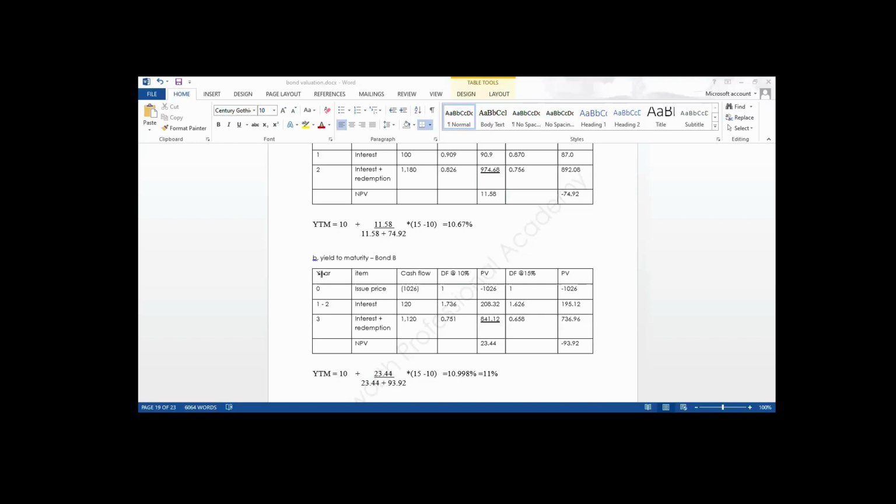Please look for the internal rate of return of this cash flow. I'm trying to copy it. Oh yeah, let's solve it out.